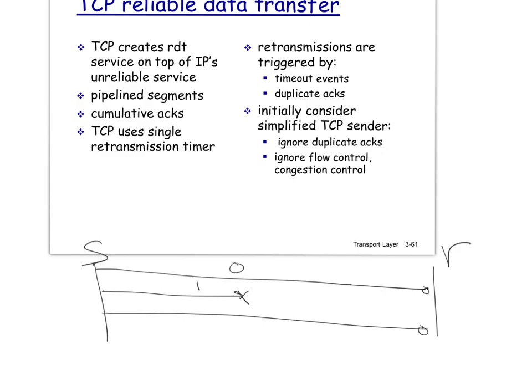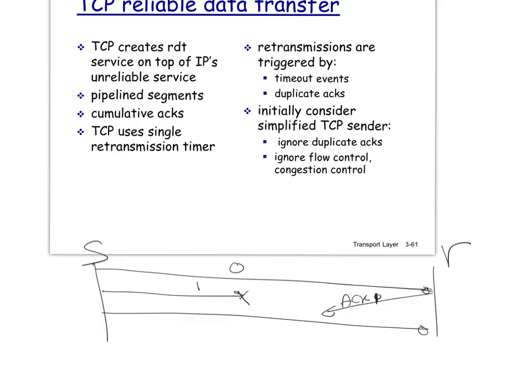Here the receiver will first send acknowledgement for 0. For TCP, as we said, the acknowledgement number is 1 here. Why? Because it says I received up to 0, send me 1, which is the expected one coming next, right?